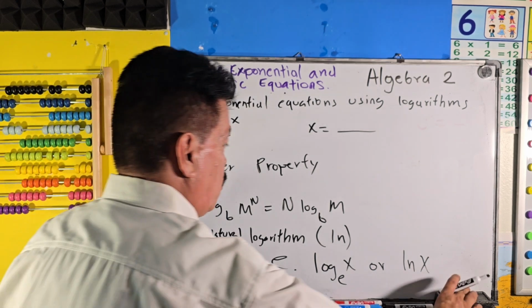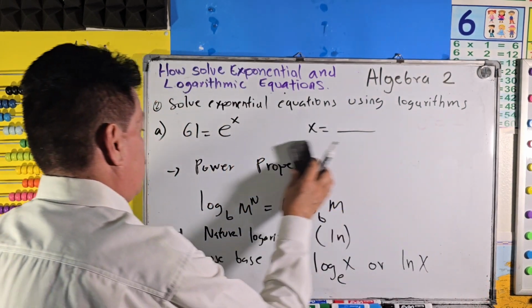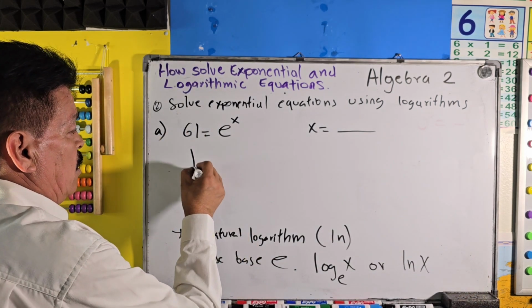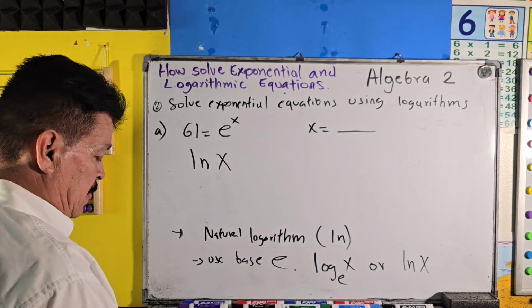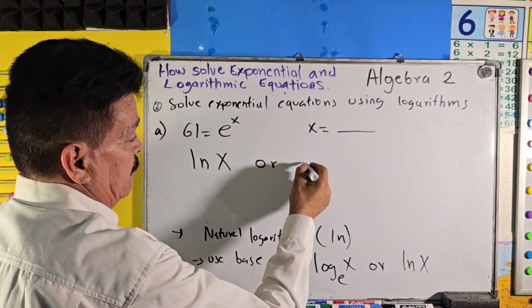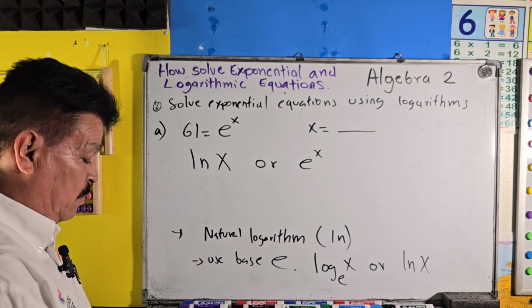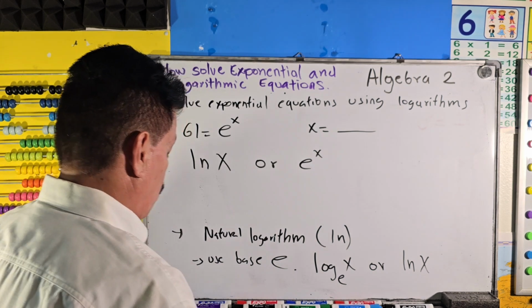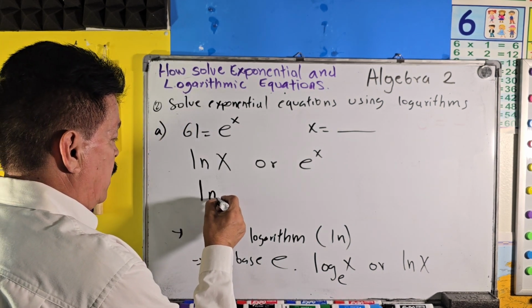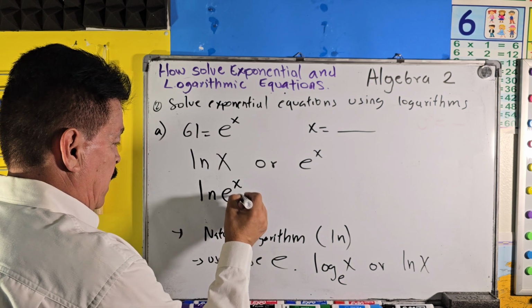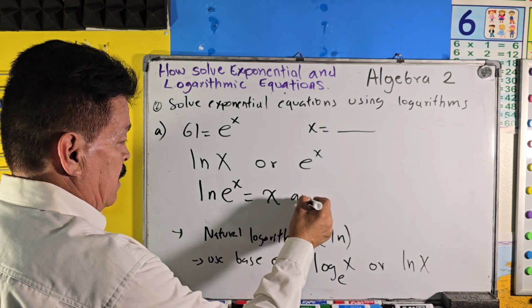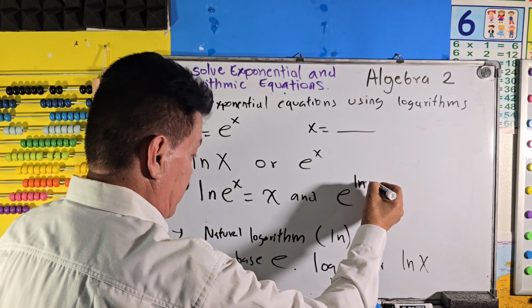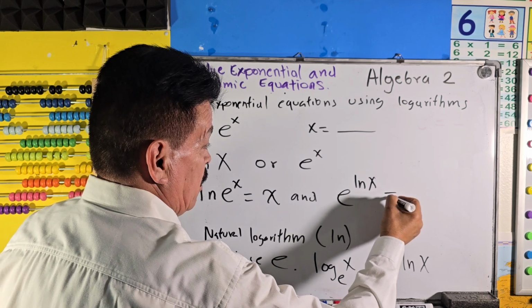Also remember that these are inverse functions: the natural logarithm of e to the x power equals x, and e to the natural logarithm of x equals x.